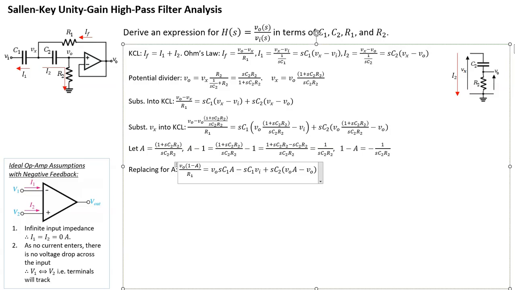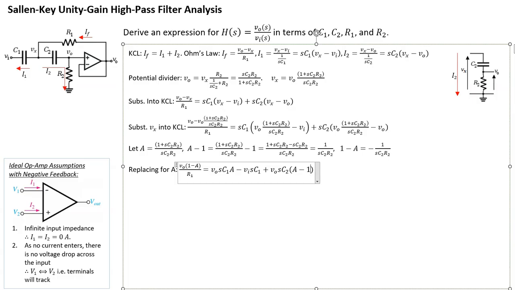So SC2 and then VO in brackets. I'm going to put the VI and the VOs in the front, which makes it easy for me to see them later. I'm going to put VO out here, and here is just A minus 1, and here is A minus 1.